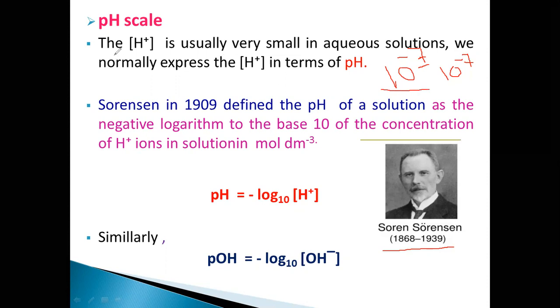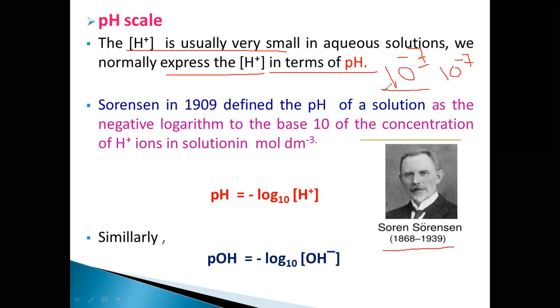Okay, so the H plus ion, the concentration of H plus ion is very small in aqueous solution. ये तो सबको पता है, right? Or which can generally express this concentration of H plus ion in terms of pH.